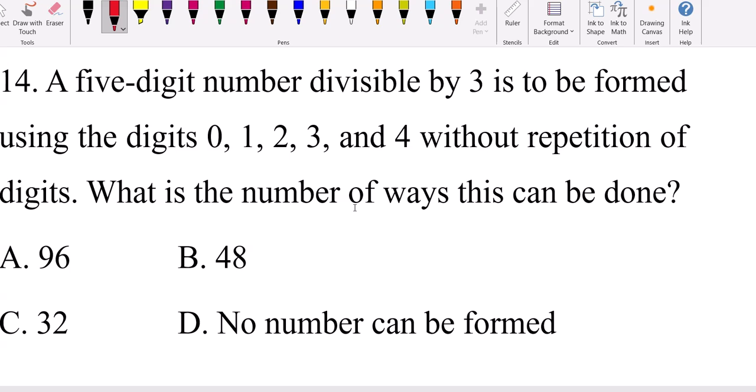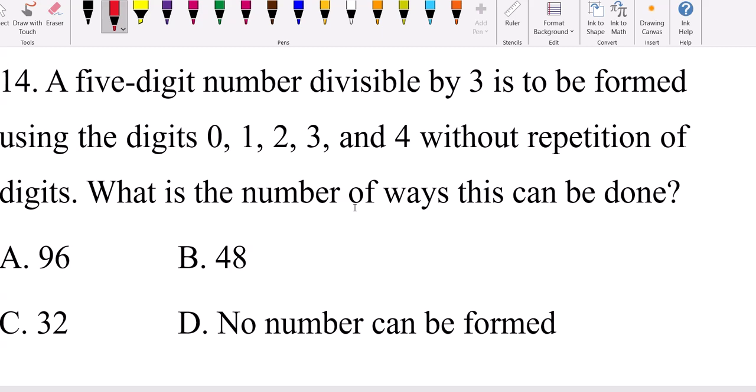In probability, in the previous session, we discussed divisibility by 3. What is the divisible by 3 rule? The sum of digits must be divisible by 3, right?